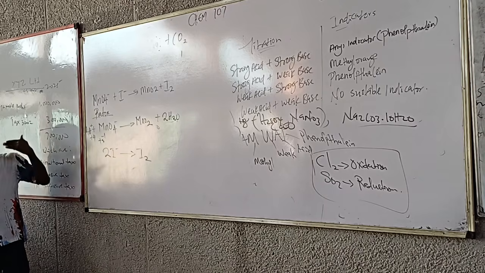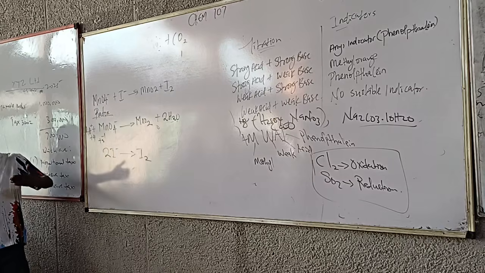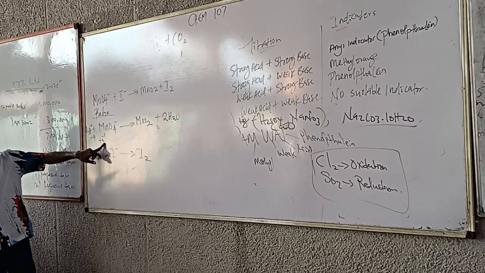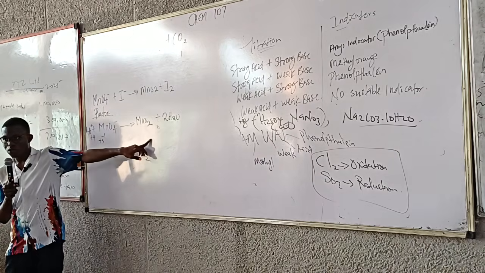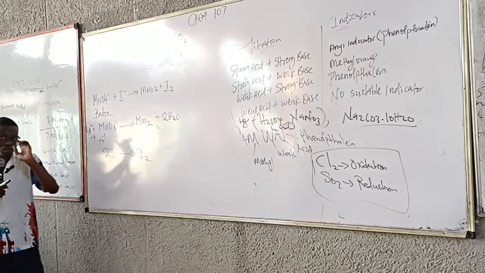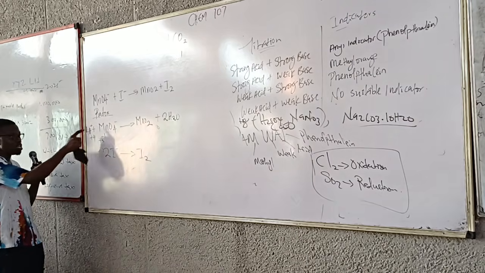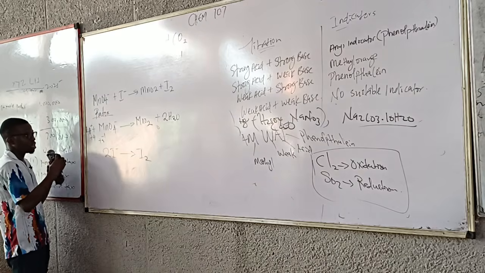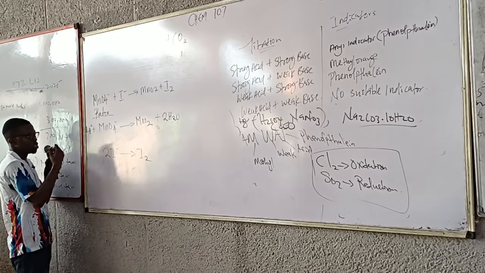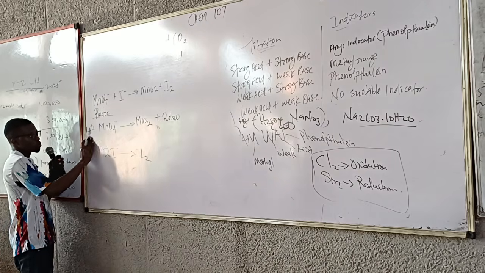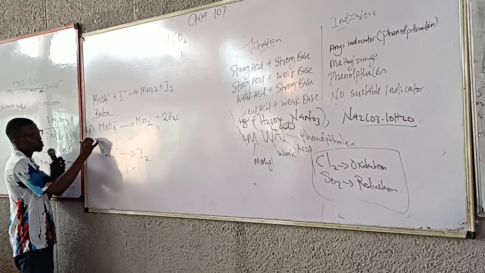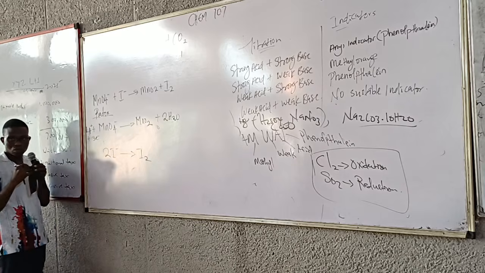Now, how do I know the numbers of electrons I'm bringing? 3 minus 0 is what? 3. So I'm bringing 3 electrons, and I'll add it here, plus 3e minus.